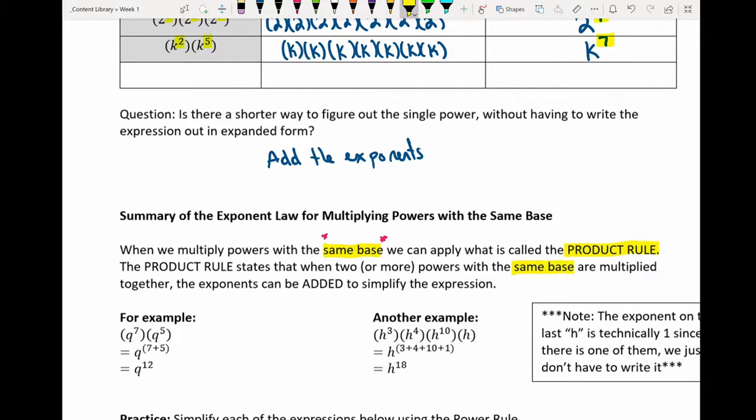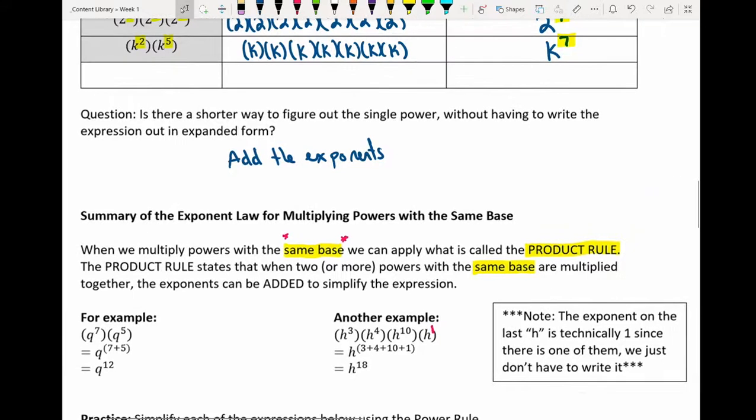In another example, h to the power of 3 times h to the power of 4 times h to the power of 10 times h, all the same base, so I can add my exponents up. 3 plus 4 plus 10, and then plus 1. If you didn't know, when we don't see an exponent, we assume there's an invisible 1. And then when we add all those exponents up, we get 18. So h to the power of 18.